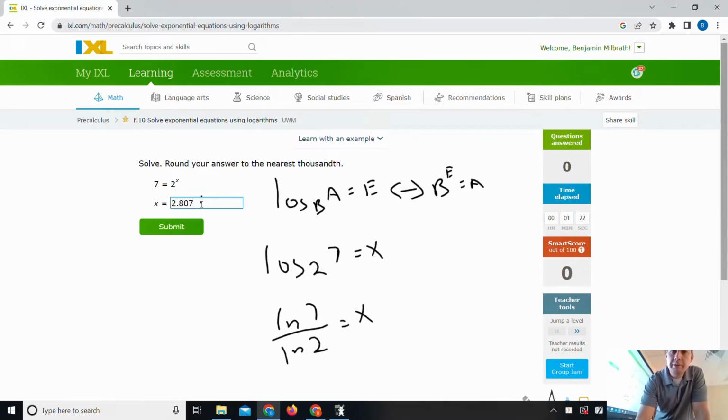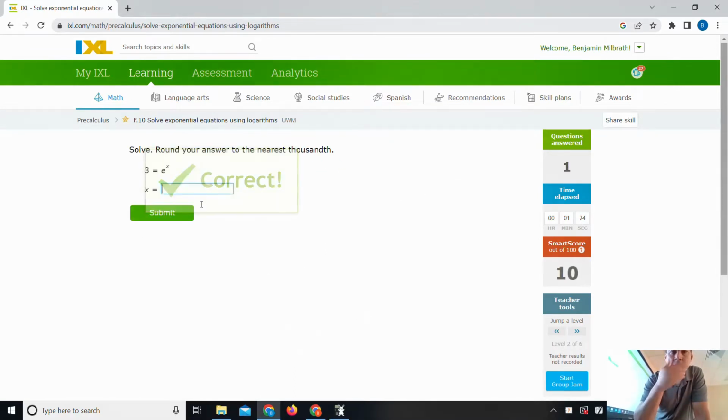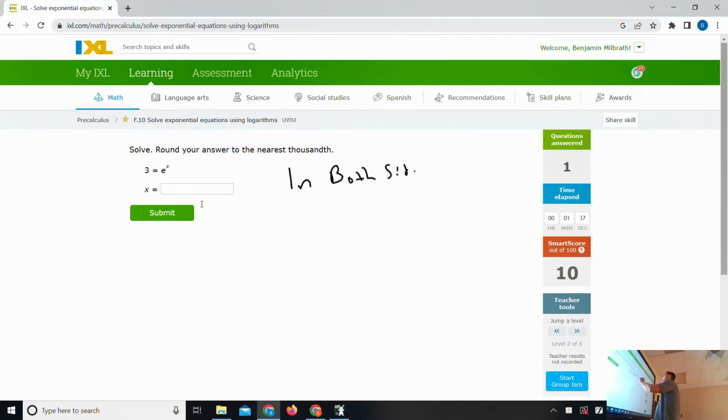Don't just watch the first slide on this, by the way. Let me show you a different technique. A very common technique, and kids have a lot of success with it, is a technique that we call ln both sides. Some kids just fall in love with it. Sometimes I'm hesitant to teach it because when you just ln both sides, you actually forget your properties of logarithms.